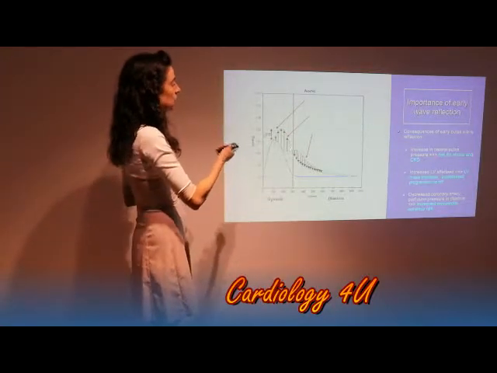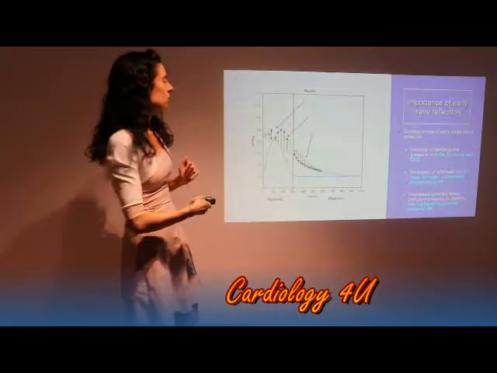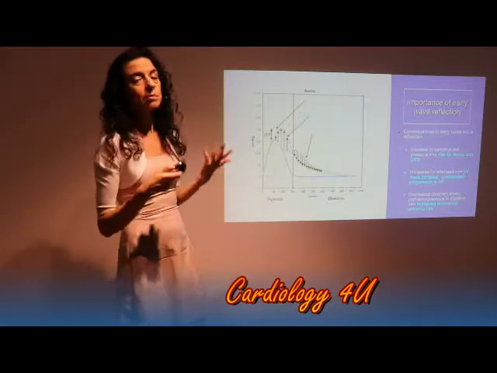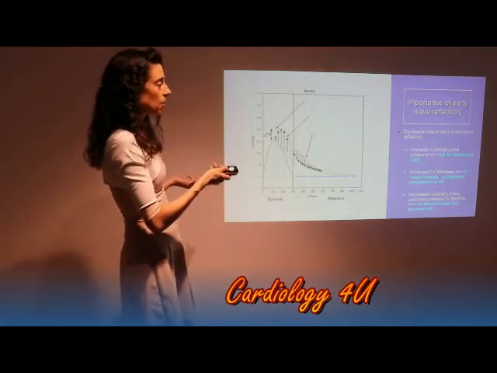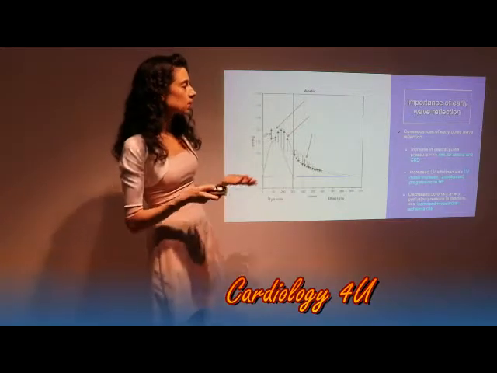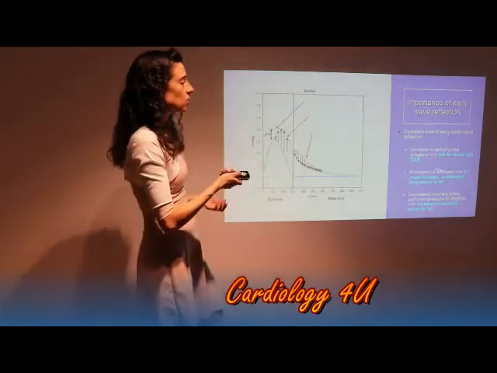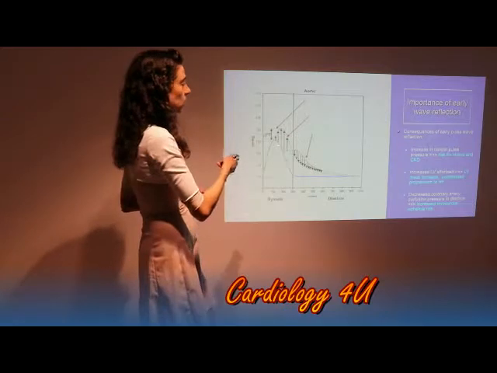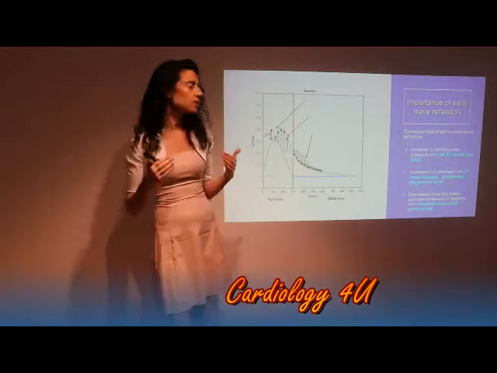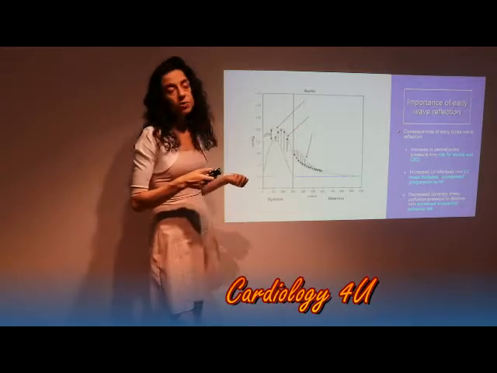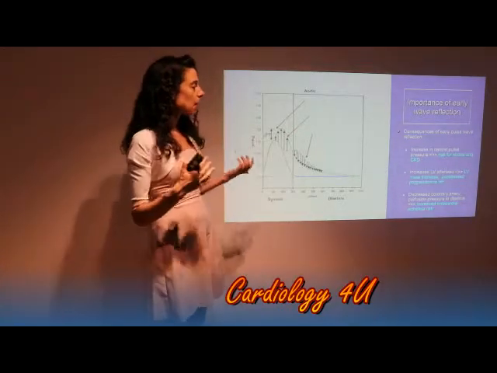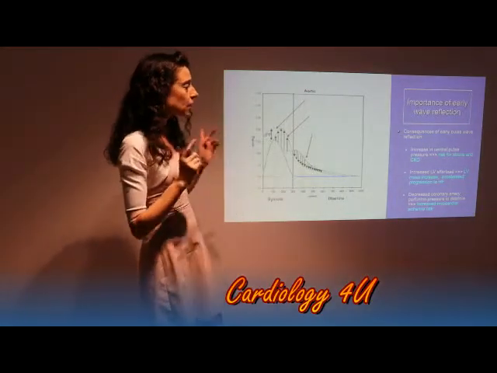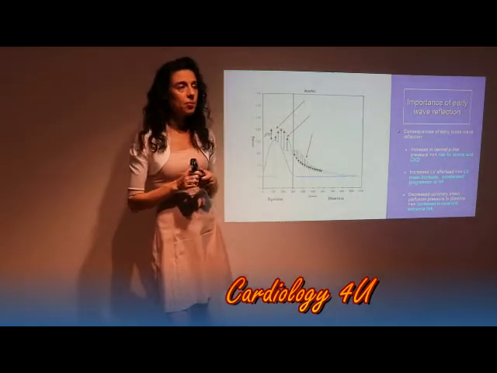And this earlier building up on the forward propagating ejection wave leads to some serious consequences. For example, this increase in the central pulse pressure increases the risk for stroke and chronic kidney disease. It also increases the afterload of the left ventricle and increases therefore LV mass and accelerates the progression to heart failure.